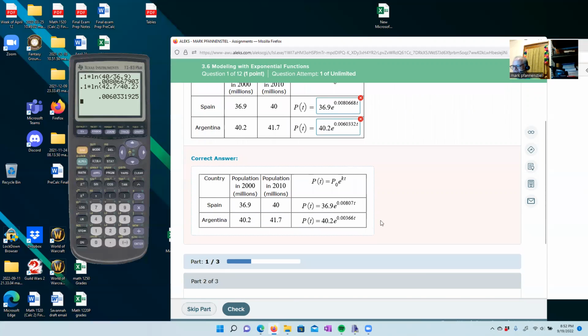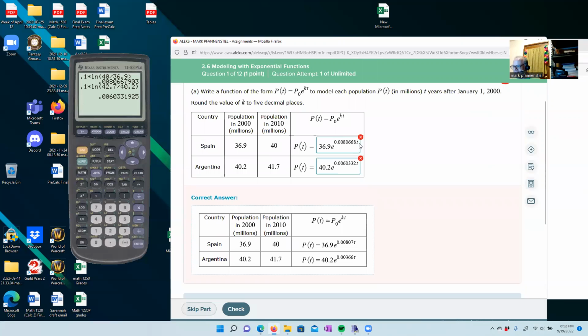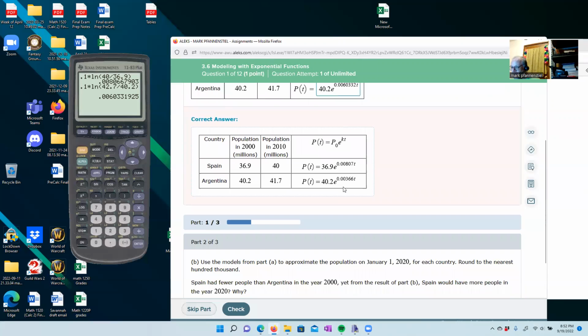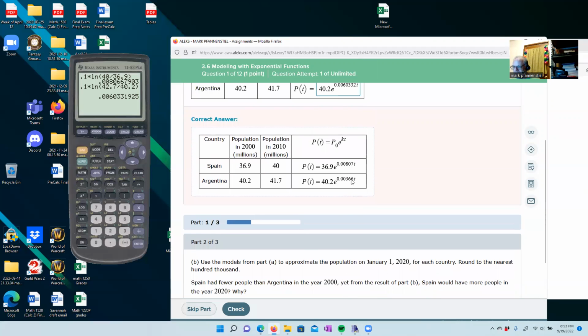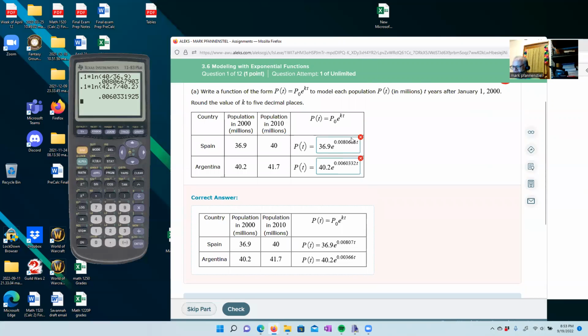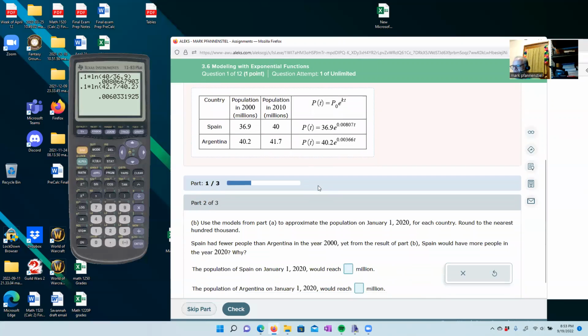Notice their right answer and my right answer. I am wrong because I carried this out to more accuracy. Generally you want to stick with what they've said, so I'm more careful to play by their rules.